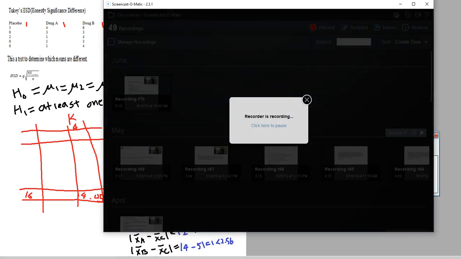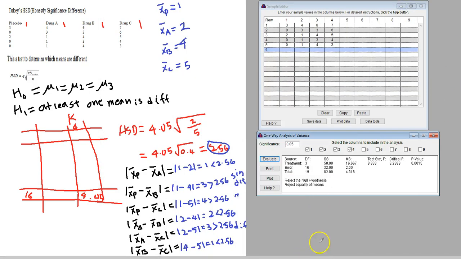If you look at these results, you can see that when you do the calculations, between placebo and drug A there's no significant difference, but between placebo and drug B, drug C, and between drug A and C, they are significantly different.